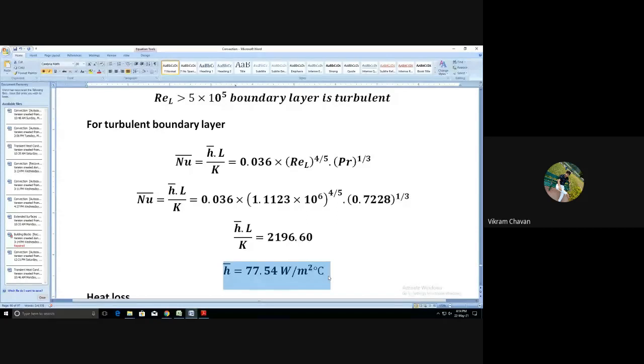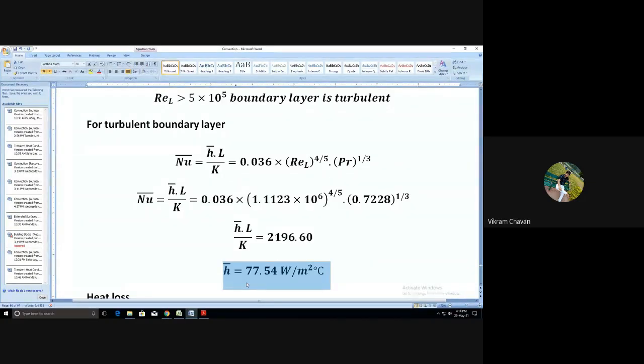If you get the same answer, h bar is equal to 77.54 watt per meter square degree Celsius. If you do not get the same answer, just put up your answer and my answer side by side, so that you can cross check whether you have made a mistake or I have made a mistake while doing the calculation.